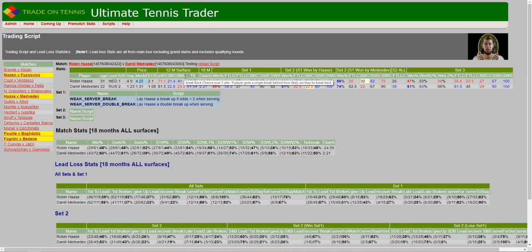So basically, that's if a player goes a single break behind, how likely they are to break back. So if Haas is a single break behind over the course of the match, he's expected to break back 41% of the time, which is quite high.